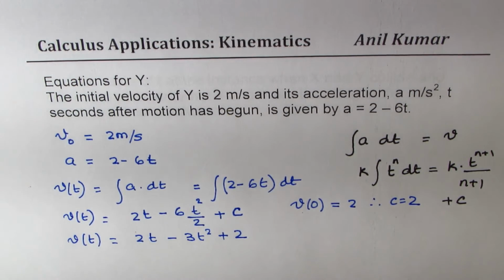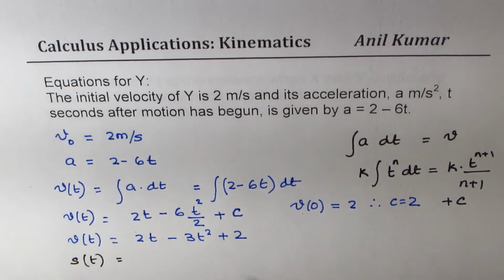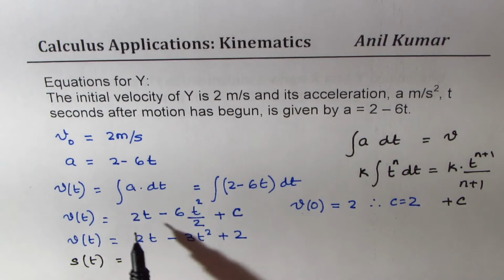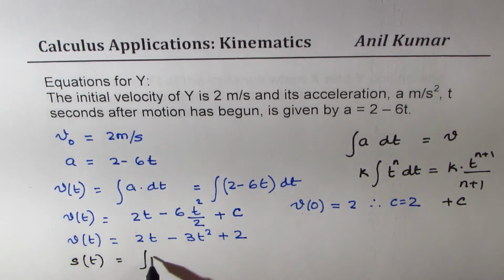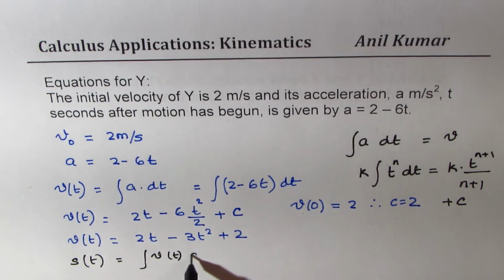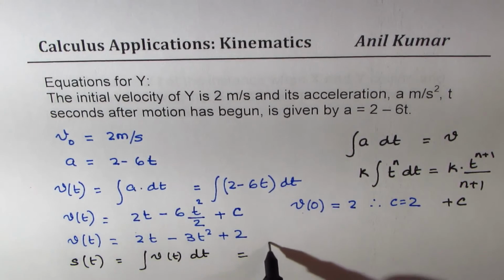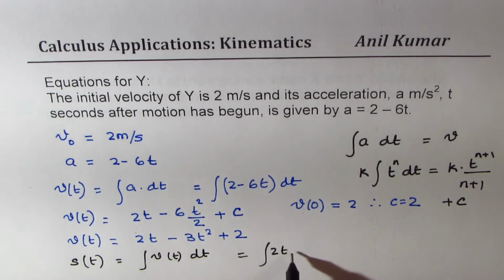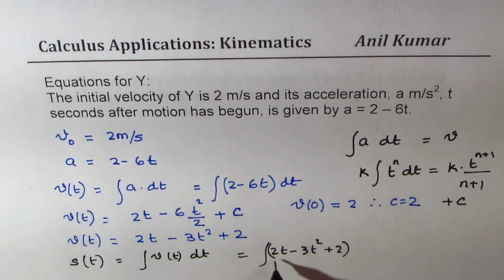And now we'll do the antiderivative of velocity to get displacement. So the displacement will be, I'm not writing this integral, which you understand by now, but okay, let's write. So integral of v(t) dt, and this is your expression. So it is the integral of 2t minus 3t square plus 2, everything dt.